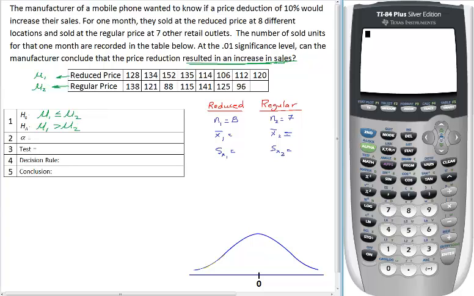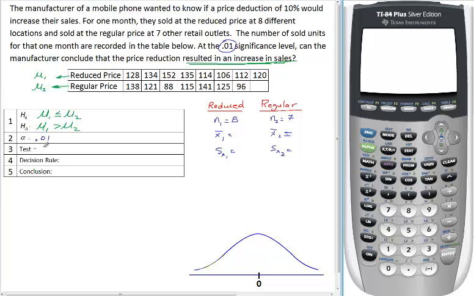Again, remember that the equal sign is always contained in the null hypothesis, and the null hypothesis usually is the status quo, no changes. Alpha is picked for us, 0.01 level of significance, so that's pretty easy.